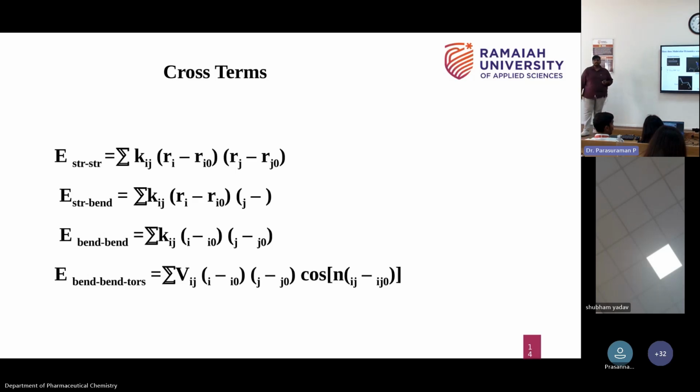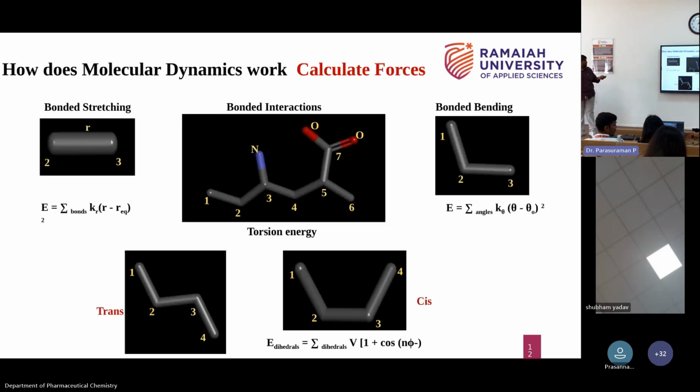Here I already told the constants and the other terms are the parameters. How will the parameters be selected based on the atoms which are present? For example, we will have carbon-carbon, carbon-nitrogen, carbon-oxygen, based on the different types of bonds between the atoms. We'll consider that. For example, if we consider carbon and carbon, we'll have different types: hybridization will change, sp3, sp2, and whether it is aliphatic or aromatic.